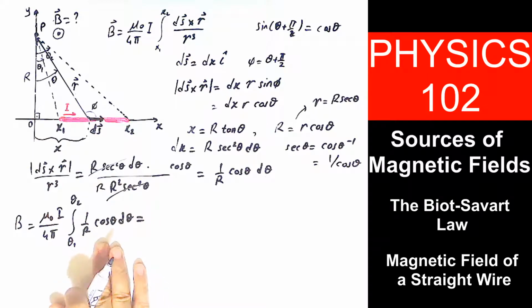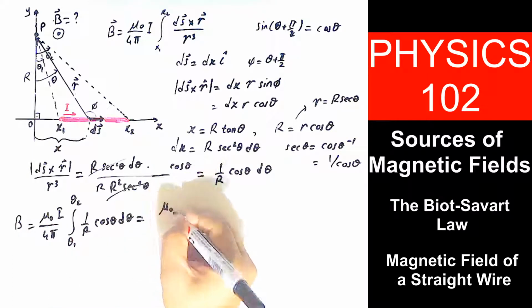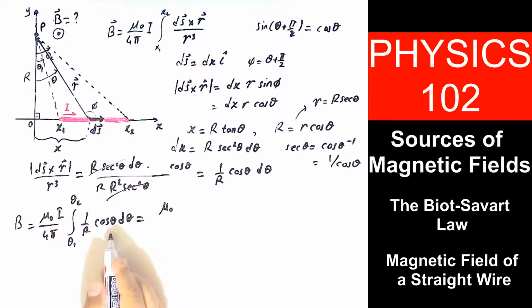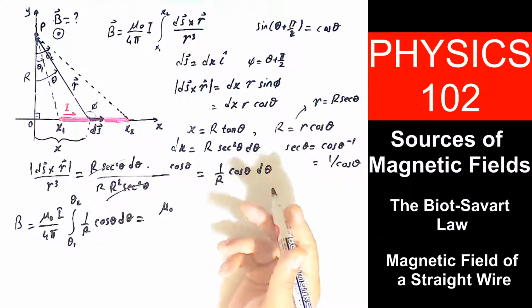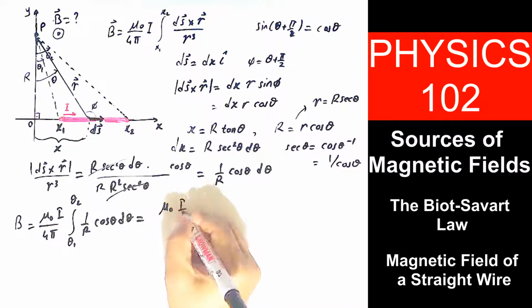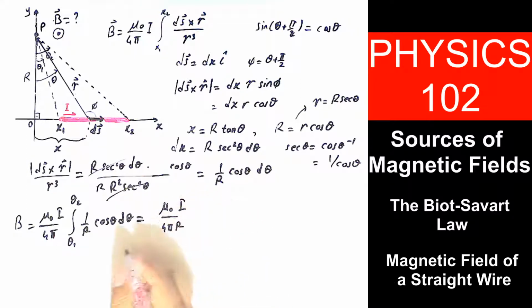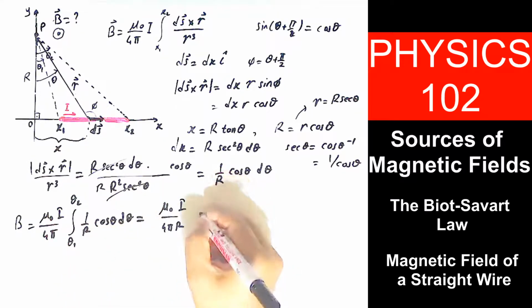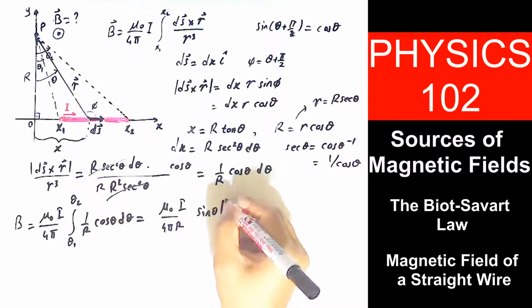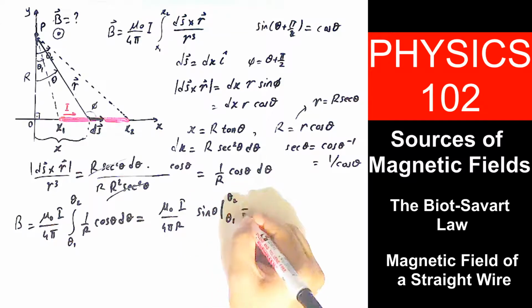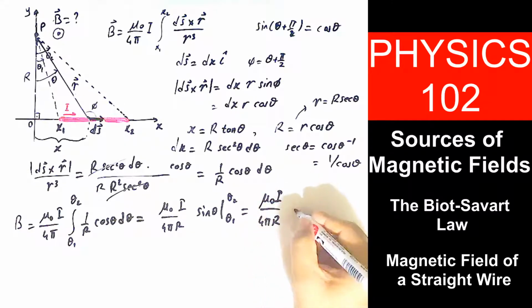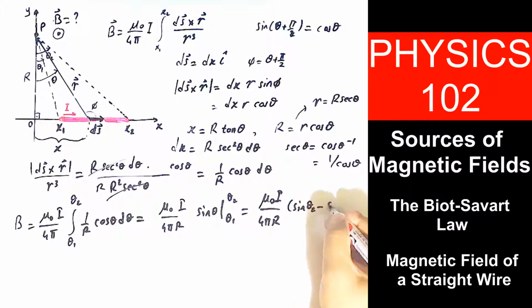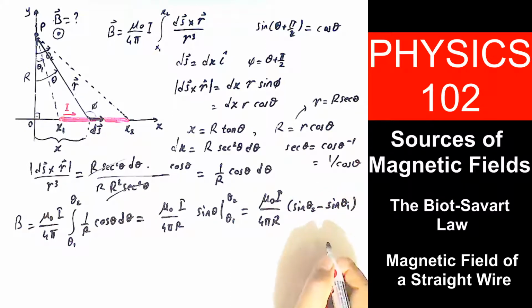This integral is very easy to take: the integral of cosine theta is sine theta, since the derivative of sine is cosine. So we get mu 0 I divided by 4 pi R, times sine theta evaluated between theta 2 and theta 1. This is going to be mu 0 I divided by 4 pi R times sine theta 2 minus sine theta 1. So this is the result.